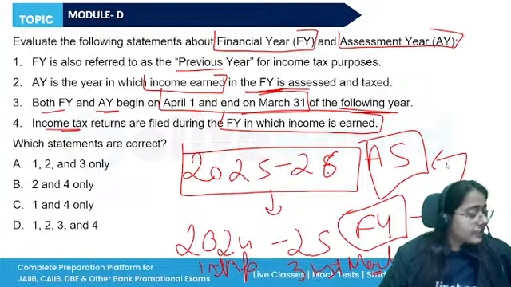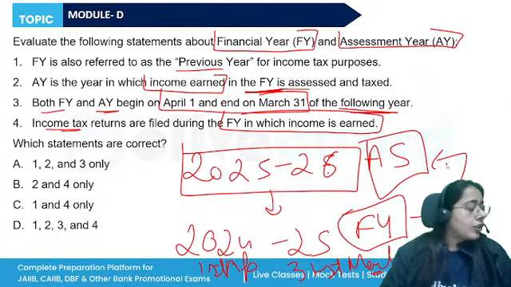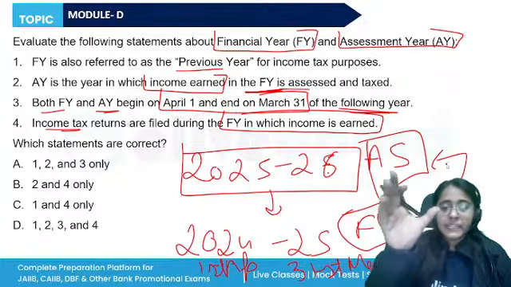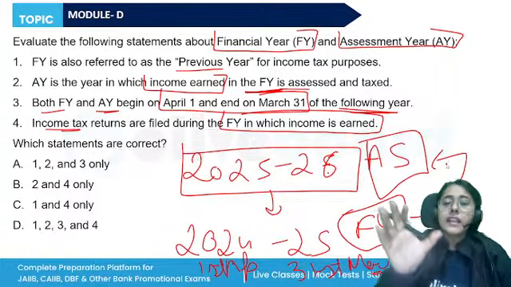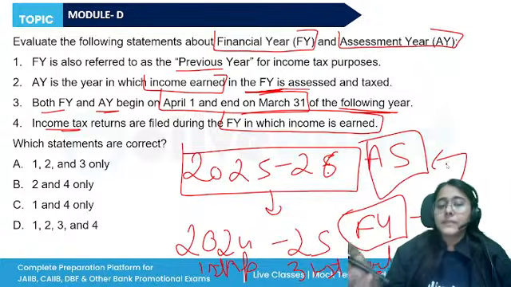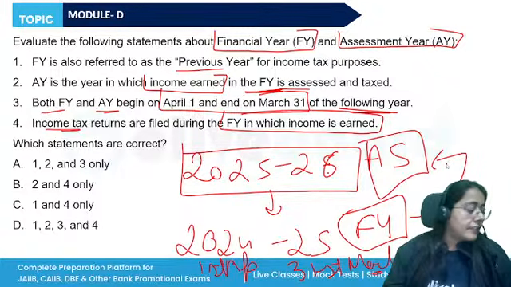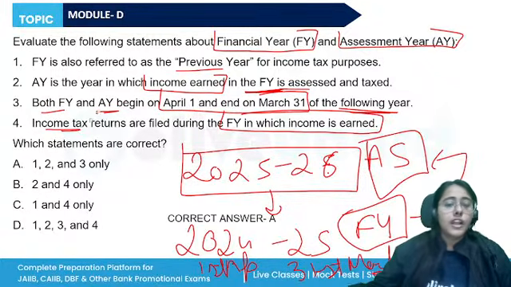And financial year for the income tax purpose is also known as previous year. So the calendar year in which the income is earned is the financial or previous year. The calendar year in which the income is taxed is the assessment year following the financial year. So 1, 2 and 3 only are correct.